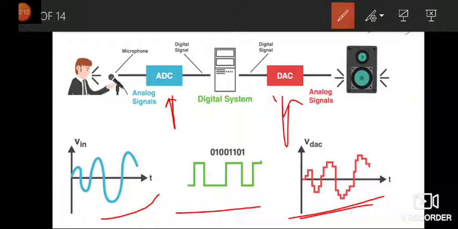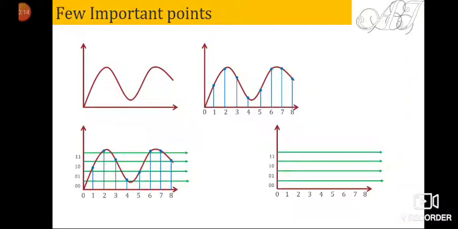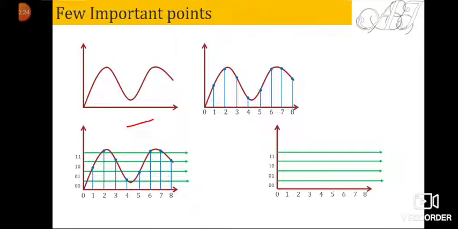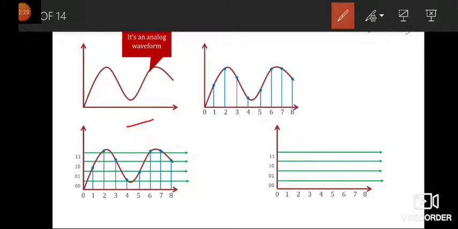Now in this graph I have tried to discuss something very important related to this. The first graph is representing your analog signal. See, this is your analog signal, and in this every time instance is defined. The value of the signal is defined at every time instance.